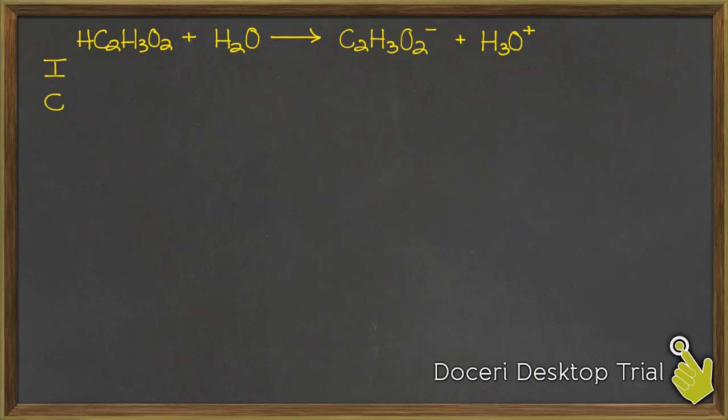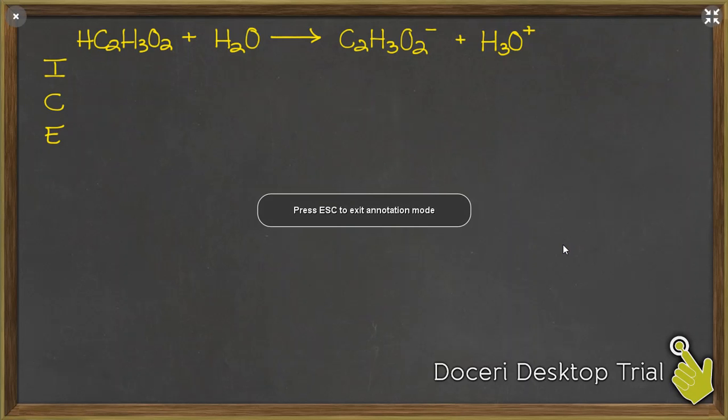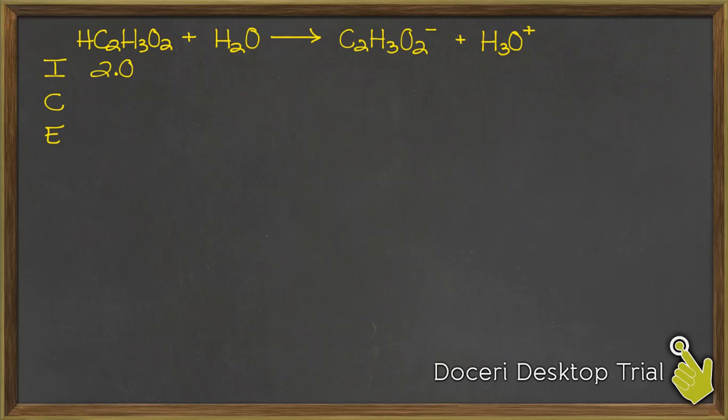And as I said, from here, we're going to set up an ice table. This should start to feel very familiar. Okay, let me come back to the problem. What was that initial concentration? It was 2 molar. So I'm going to fill that in right here. Okay. I don't care about water. Water is a liquid.